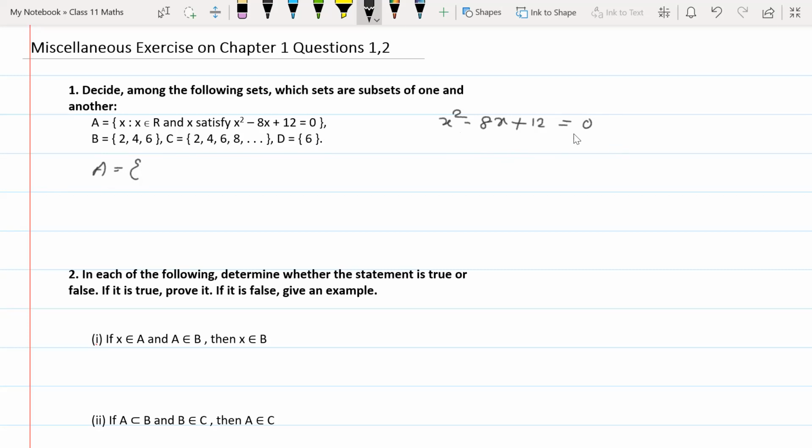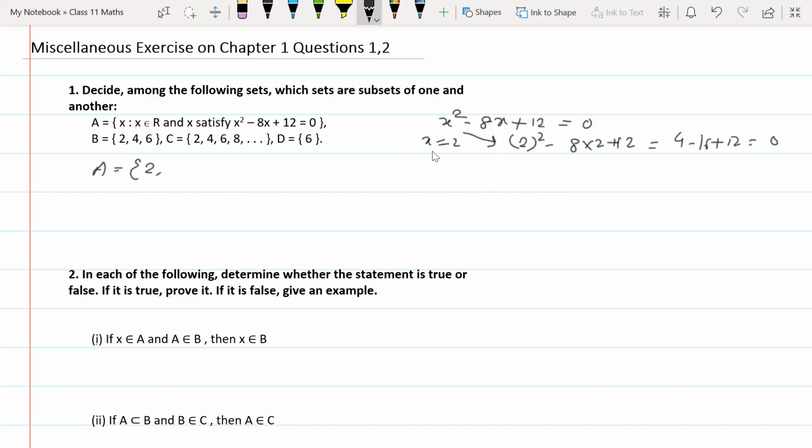If we put x as 2, then we will solve this equation. x as 2 means 2 square minus 8 into 2 plus 12, and it becomes 4 minus 16 plus 12, and it is 0. So we can say that one element of the set is 2.